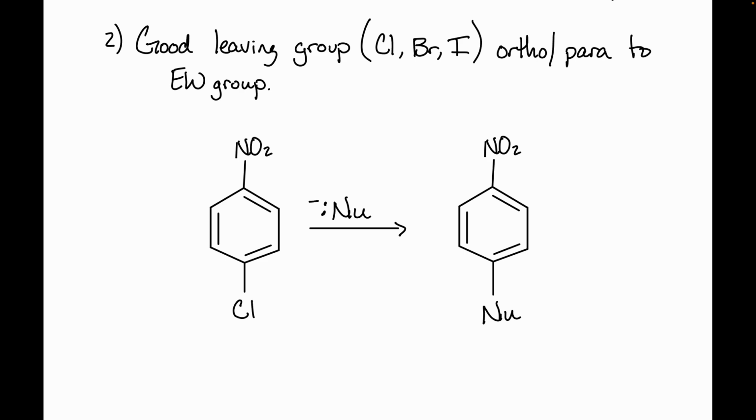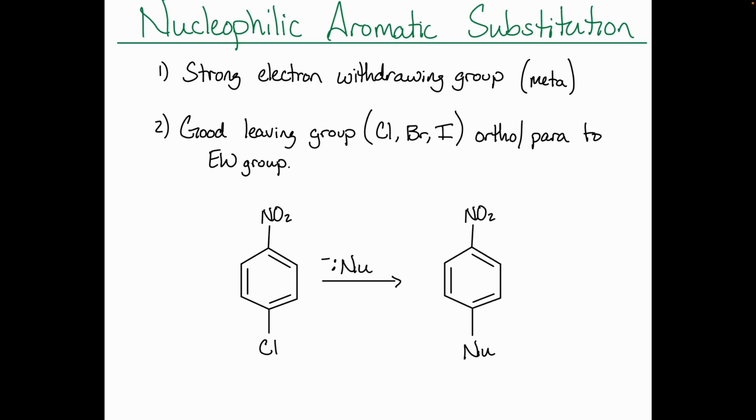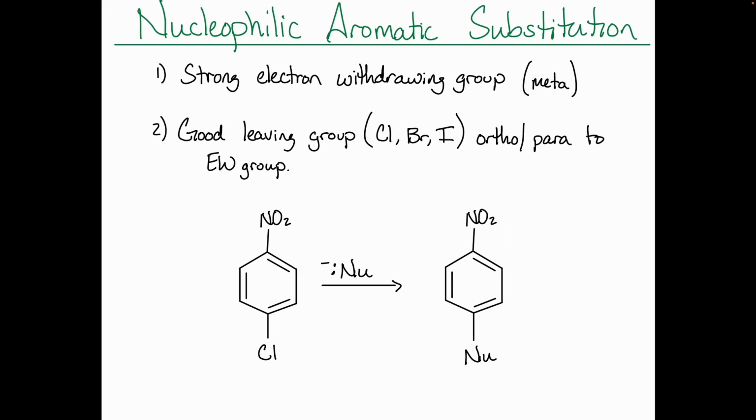All right, so if we have a benzene derivative that meets these two criteria, we can react it with a nucleophile and substitute that nucleophile onto our ring.